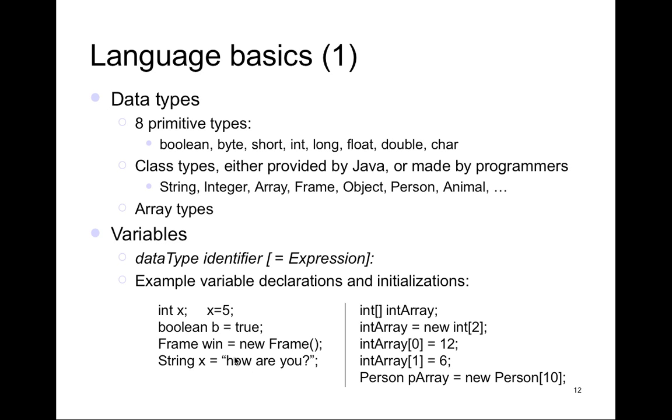And we can use syntax here. In fact, this is string x, which is how are you. We use quotation marks to say it's a string. So the syntax of how you write the statement for the initialization and also for the declaration is going to be specific to the type of variable that you're declaring.